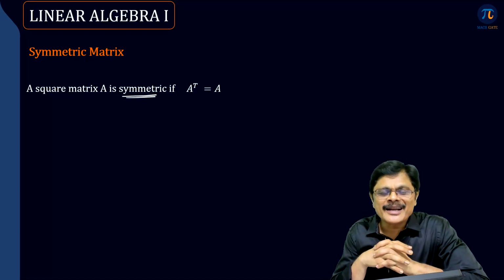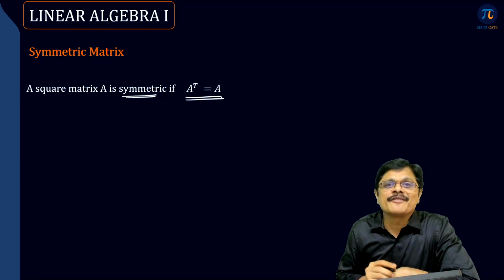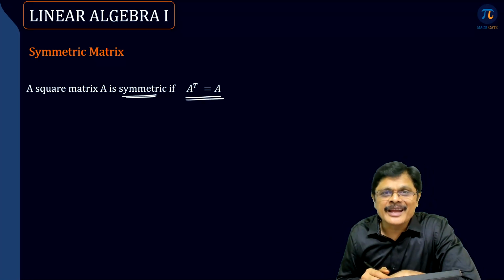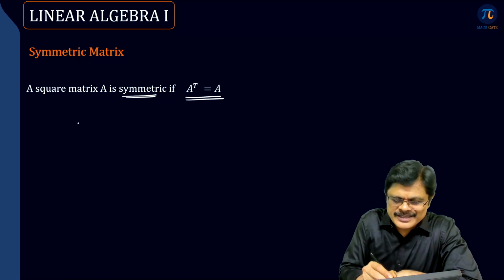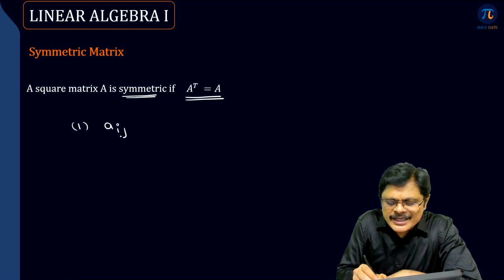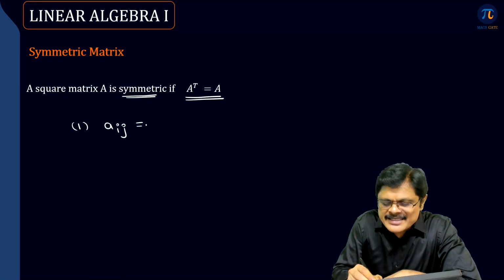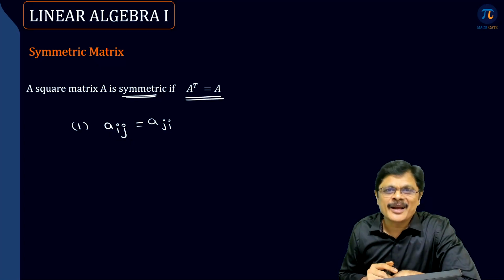A square matrix A is symmetric if the transpose of the matrix is equal to A. What do you mean by that, sir? The condition is: the ith row jth column element must be the same as the jth row ith column element. This is what you mean by symmetric.